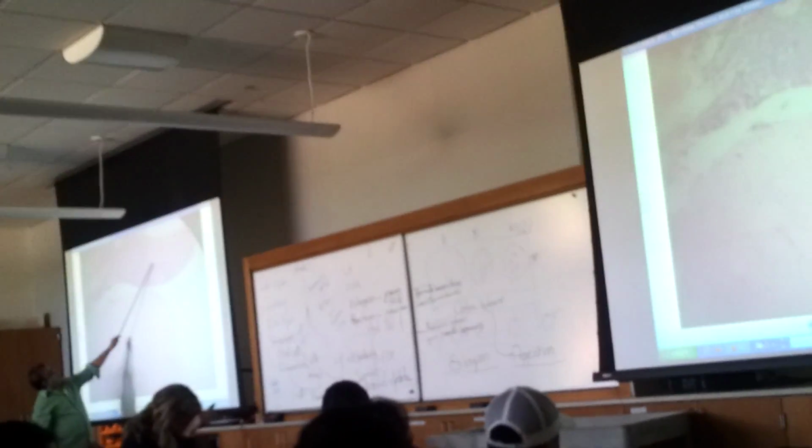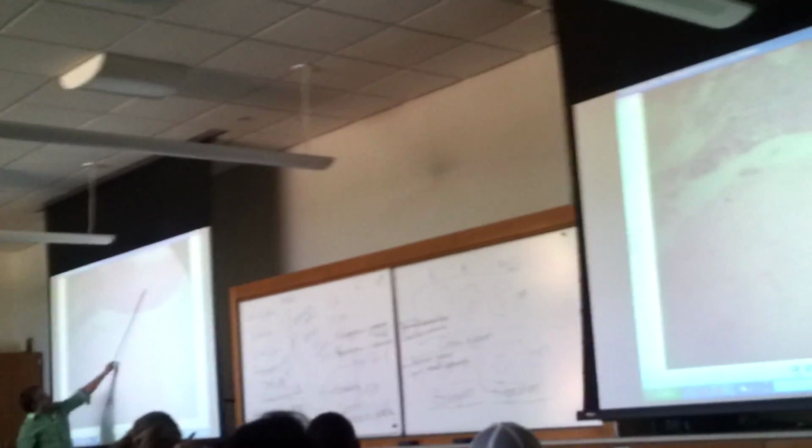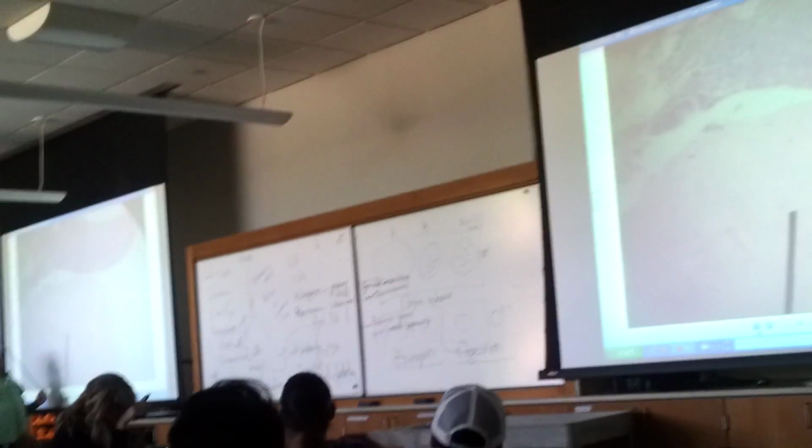And that's why the anterior pituitary looks very cellular. Posterior pituitary, you don't see any cell.